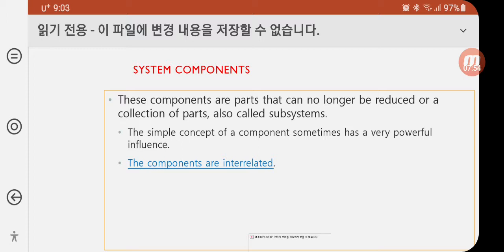In other words, the function of a component is somewhat related to the function of other components. For example, in a well-designed car or stereo system, only individual components can be repaired or upgraded without having to change the entire system.